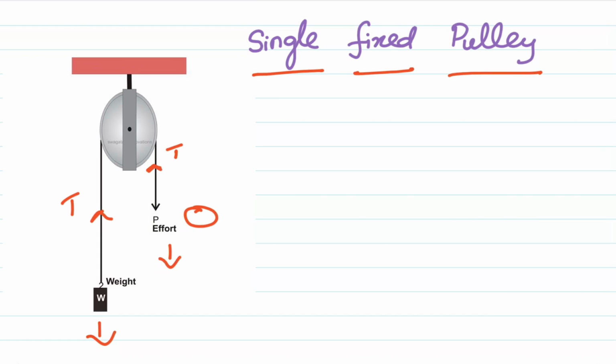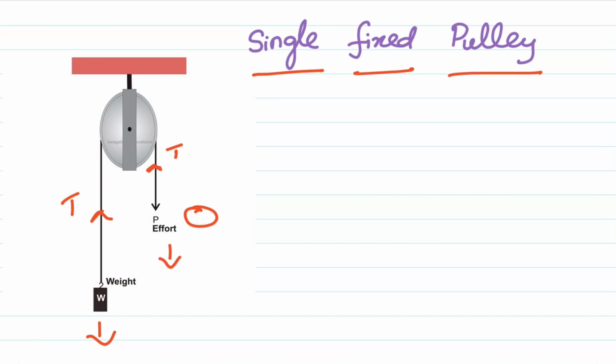And here we have to calculate the mechanical advantage of this single fixed pulley. Suppose we consider that the string is light and there is no friction, that is, we are neglecting the friction acting on the axle of the pulley.